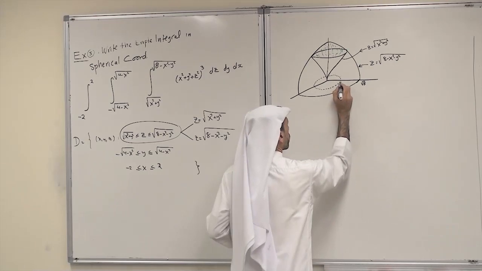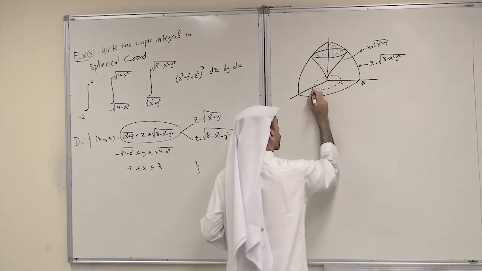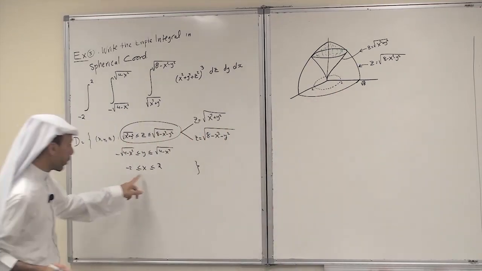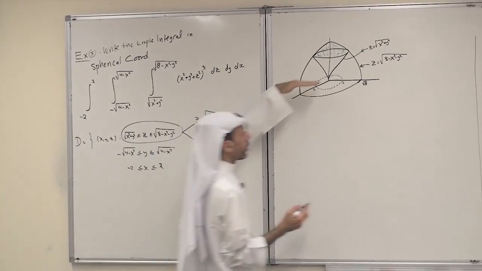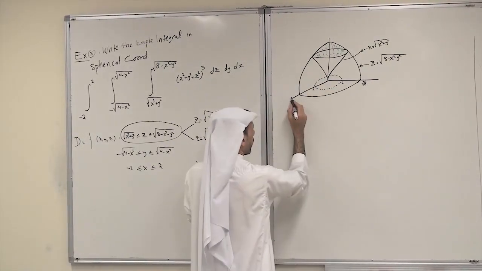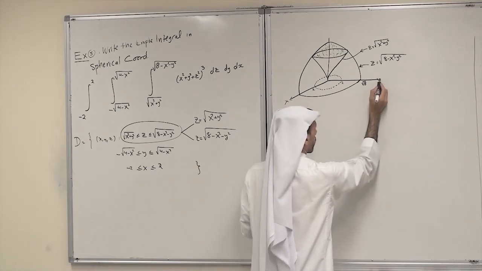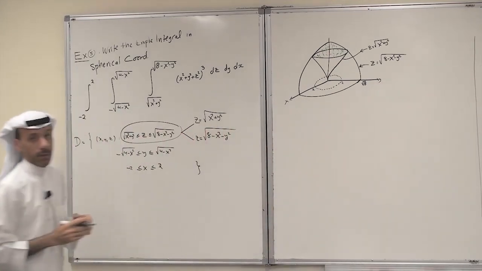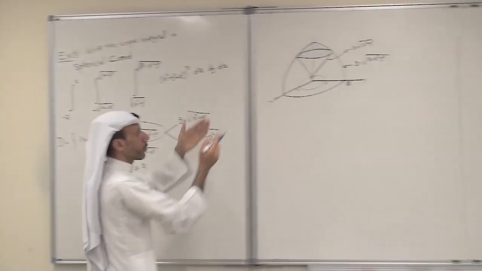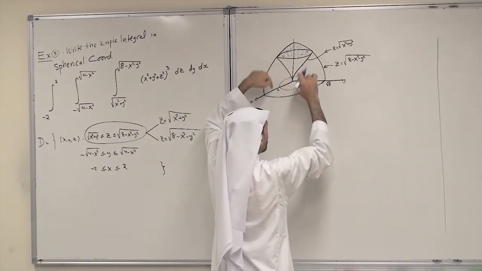This is 2, and this is 2. And x is between minus 2 and 2, so really everything in this circle in the xy plane. This is the projection of the solid in the xy plane.